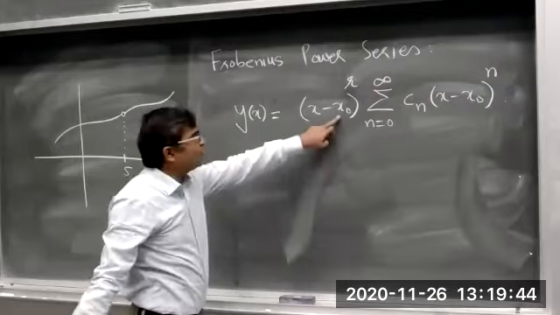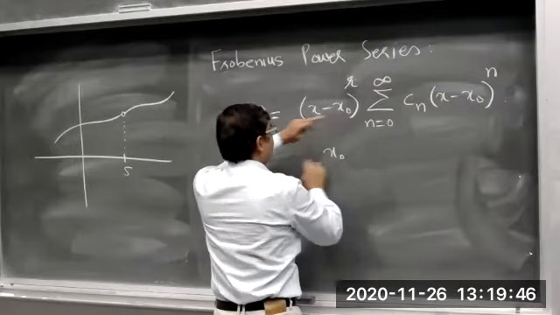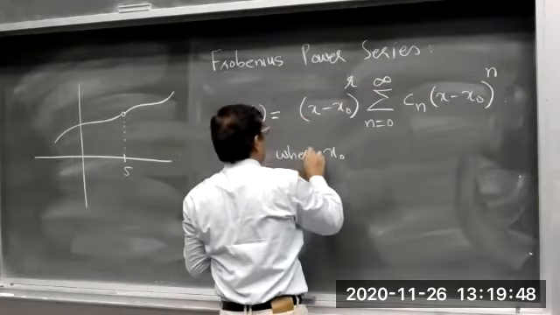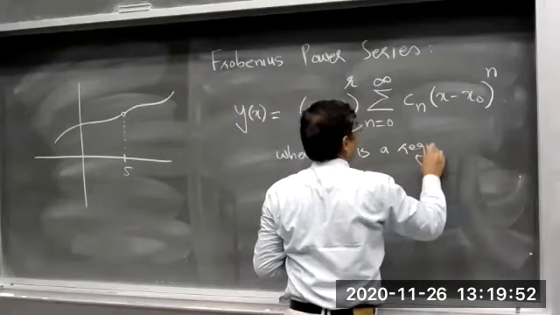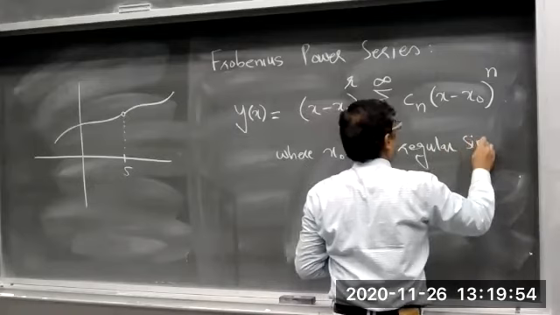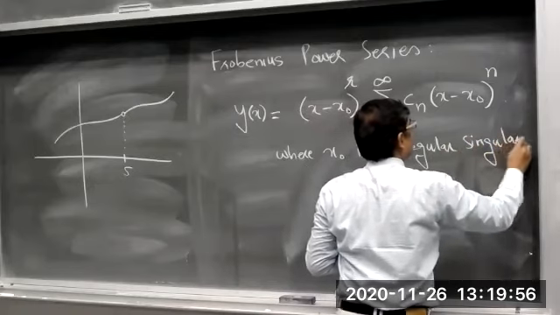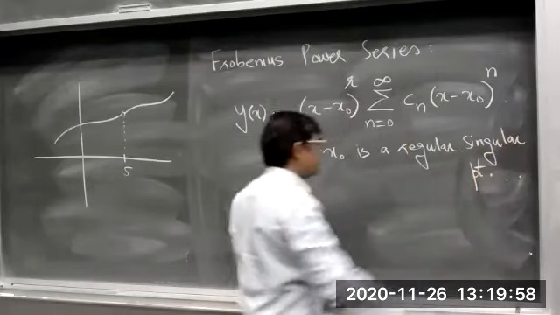Now where x naught is what? x naught is a regular singular point, okay.